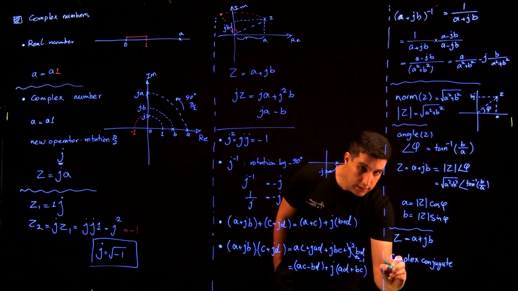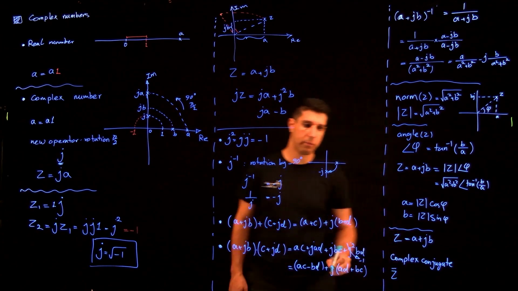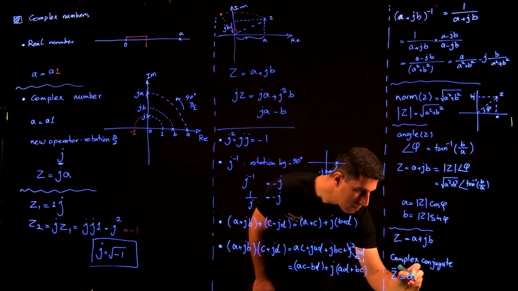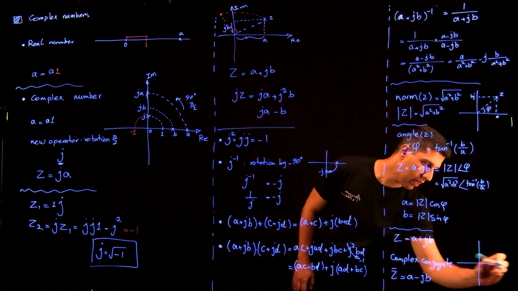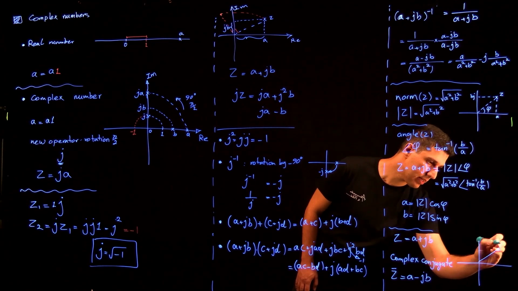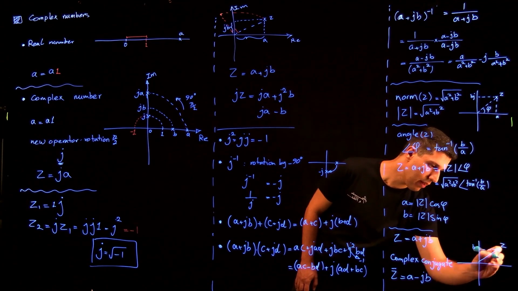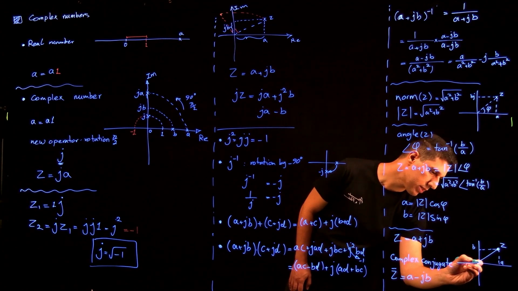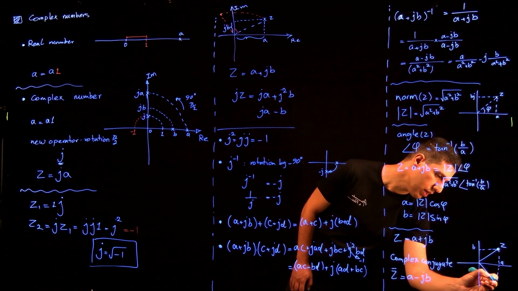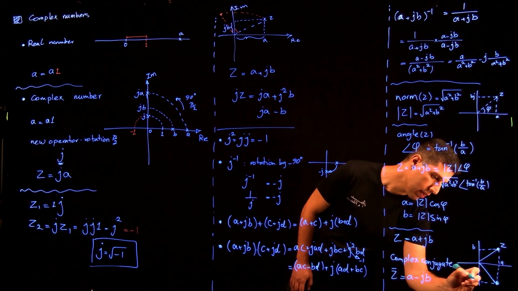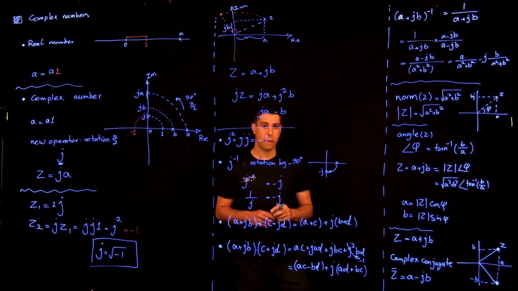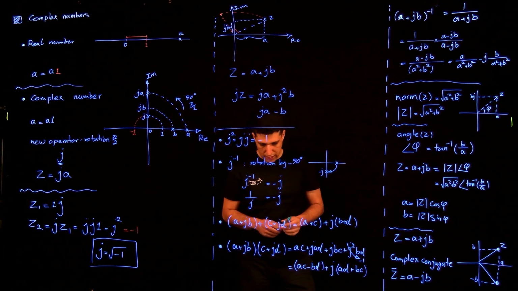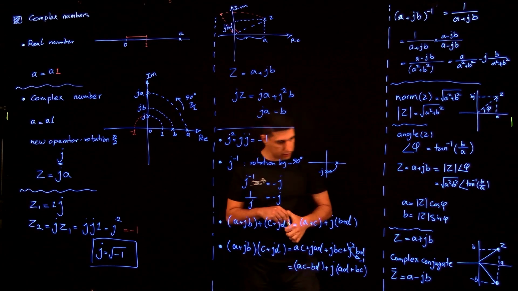We show it as z bar, which is a minus jb. So if I have my number here z, this is b, this is a, the complex conjugate number is going to be something on the other side with minus b, but the same real component. Okay, these are all basic definitions of complex numbers.